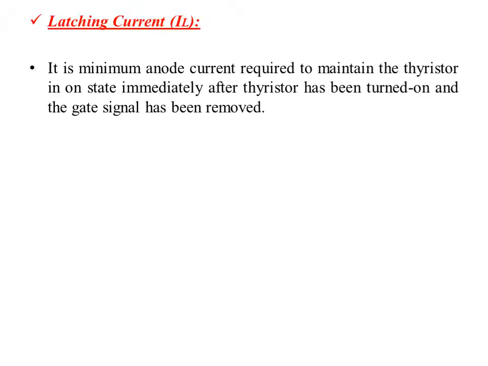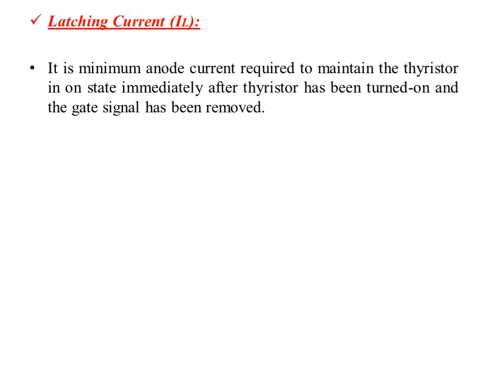Now, we have two currents in this forward conduction mode. First one is latching current and second one is holding current. So we'll study what is meant by latching current. It is denoted by IL.